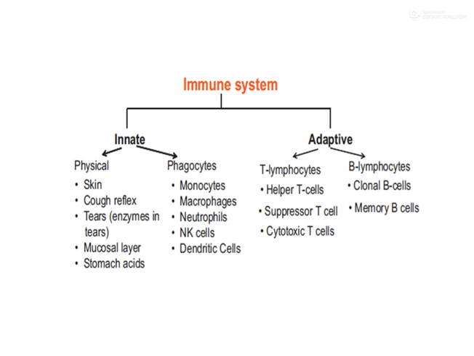And so if a next exposure with the same antigen occurs, we have a faster response, we act fast when the second response is there. This all comes under the category of acquired or adaptive immune system.